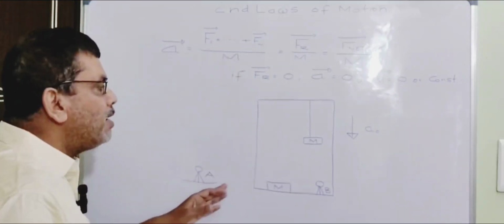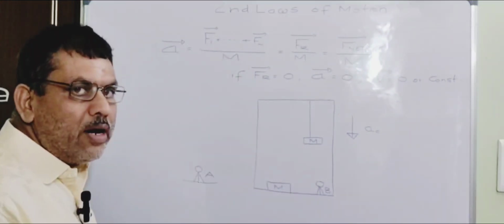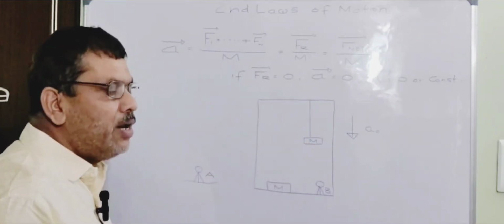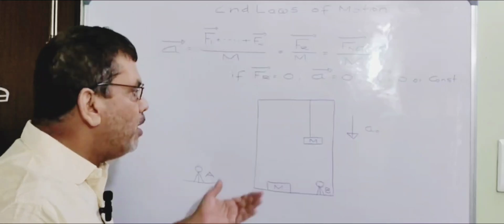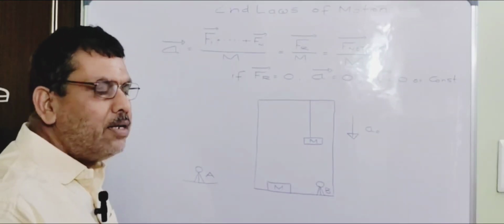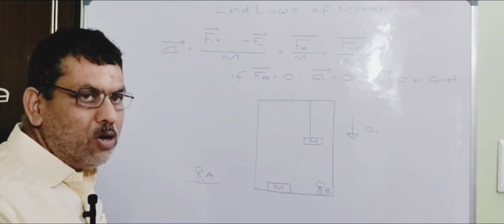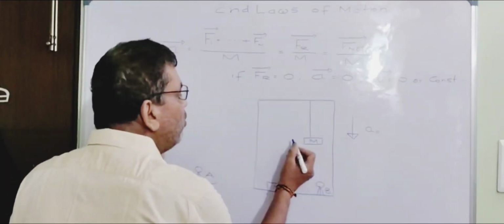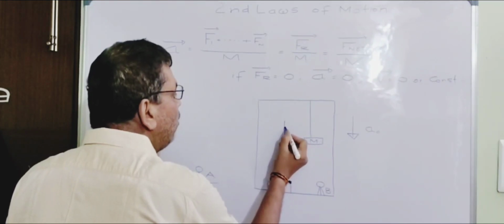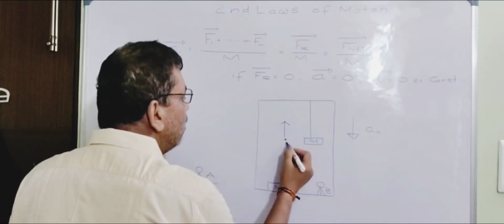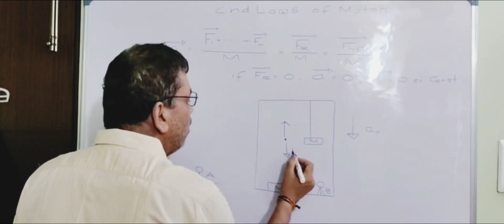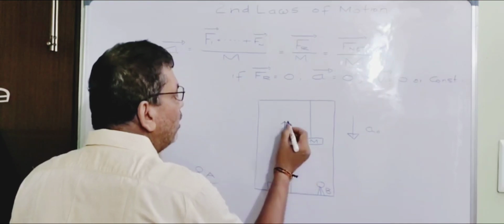Now when man A sees this block, he wants to write down Newton's second law of motion. So we'll first draw the free body diagram. What is a free body diagram? In a free body diagram we represent the object as a point mass, and then we represent all the forces acting on the object. You will observe the tension acting upward on this mass, and the weight of the object acting in the downward direction.